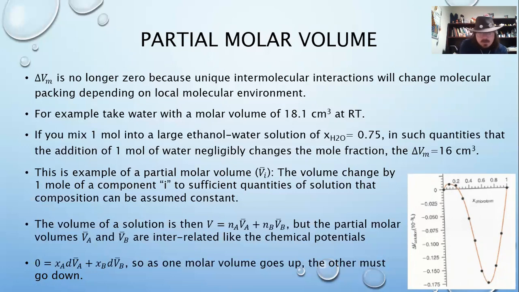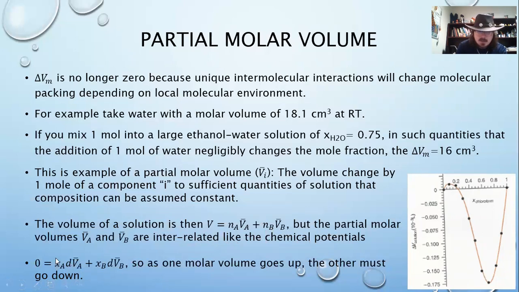Essentially, it's in large enough quantities that 1 mole does not affect the overall mole fraction by much, but how does the mole fraction interact with the addition of a small microscopic quantity? So the volume of solution becomes the moles of A times the partial molar volume of A, plus the moles of B times the partial molar volume of B, where these are interrelated, much like chemical potentials.